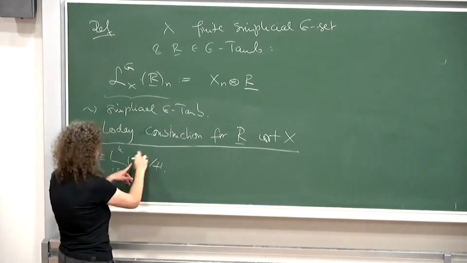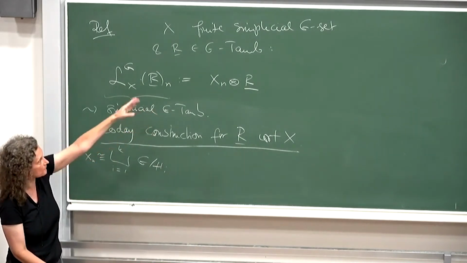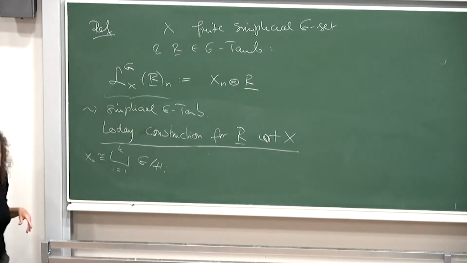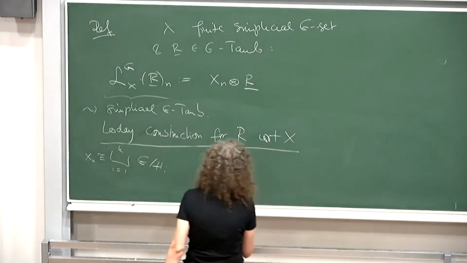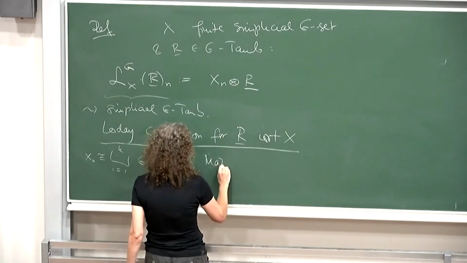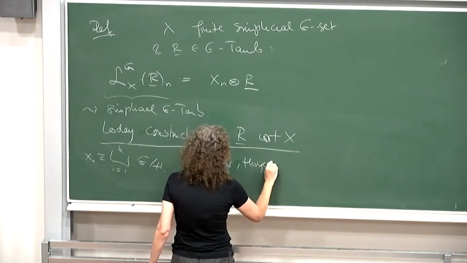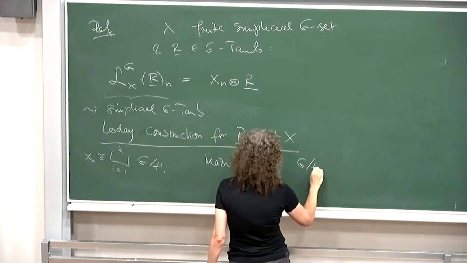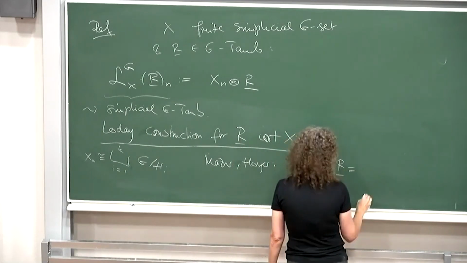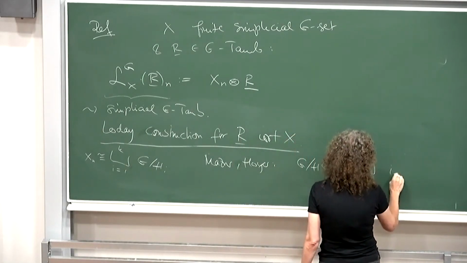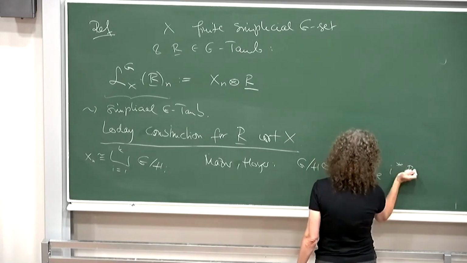So I only have to tell you what happens on one of these things, thanks to the first axiom. In both works, what they showed is that if you take G mod H tensor R, this is restriction and then norm.